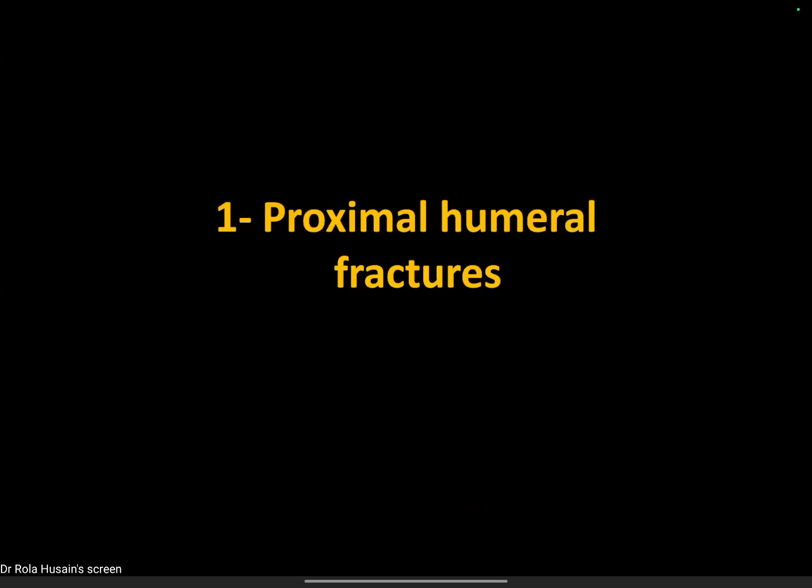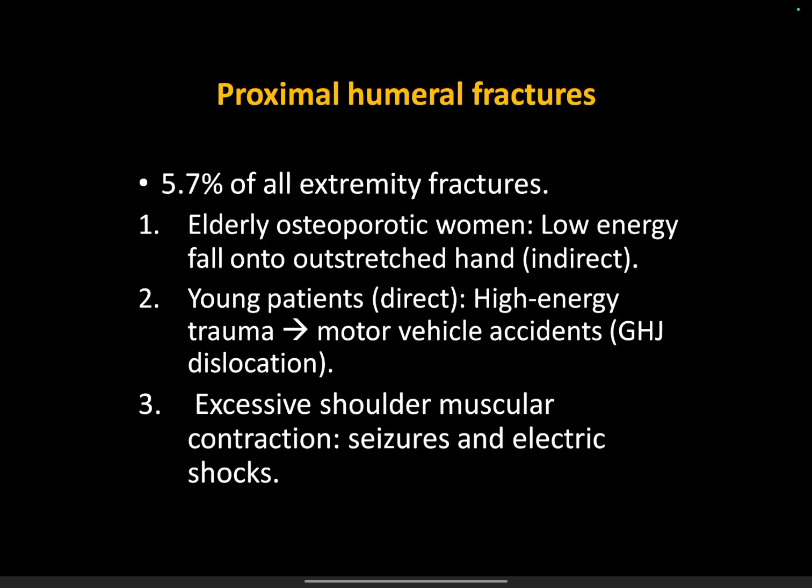So our first part of the talk is the proximal humeral fractures. They're basically quite common, comprising 5.7 percent of all extremity fractures. They can happen in multiple settings. The most common one happens with a low energy. Usually the patient falls on an outstretched hand, and that's basically an indirect mechanism of injury affecting elderly osteoporotic females.